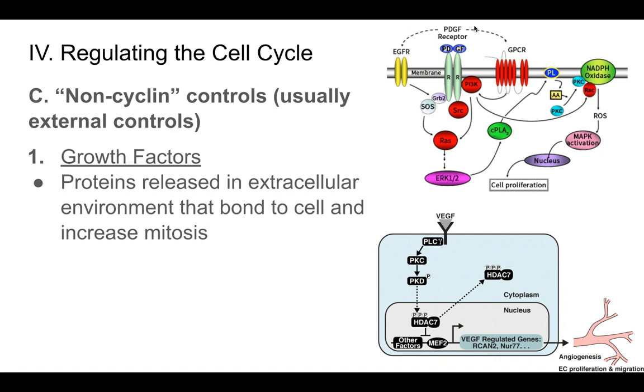If we follow this first diagram up here, PDGF binds to its receptor, and it triggers a whole bunch of these internal proteins. We're not going to go through exactly the pathway, but let's follow this arrow over here. PDGF binds to its receptor.